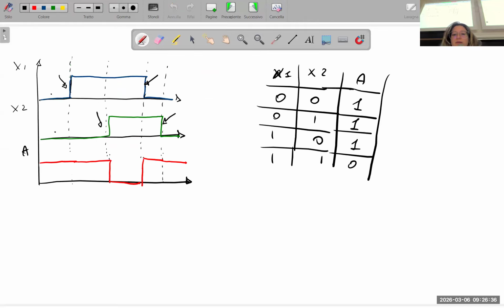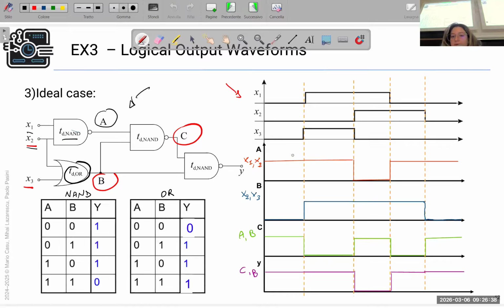So let's see in the real case, here we have 1 and 0, and so we have 1. Then there is a changing here, not here, there is a change here, and we have 0, because it's 1, 1, 0. Then we have a changing here, and we have 0 and 1, which is again 1.